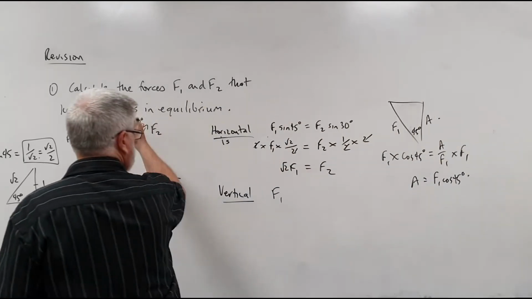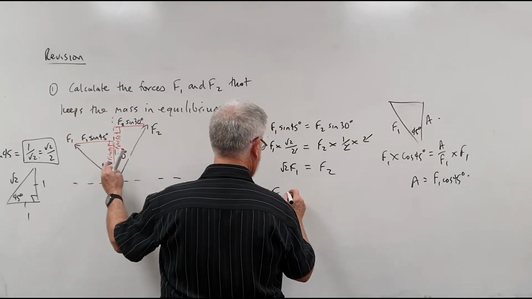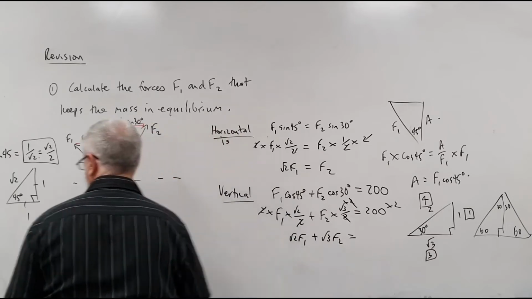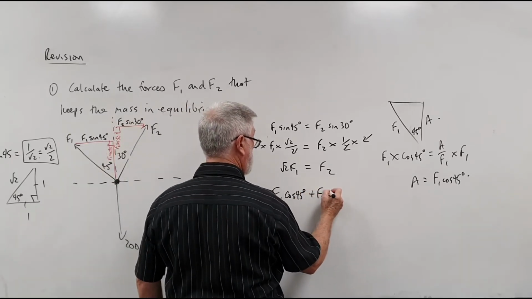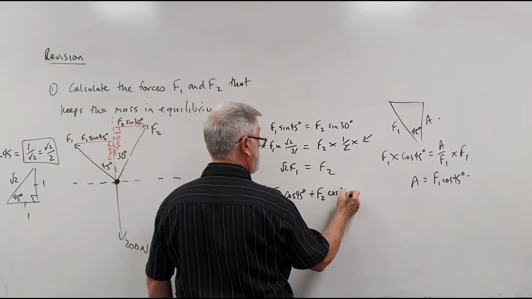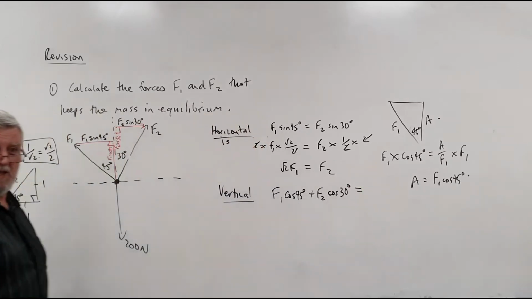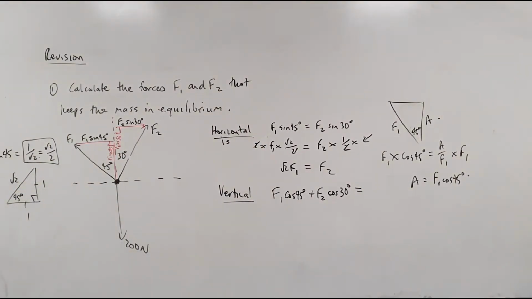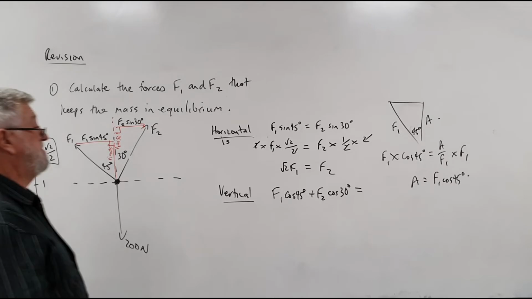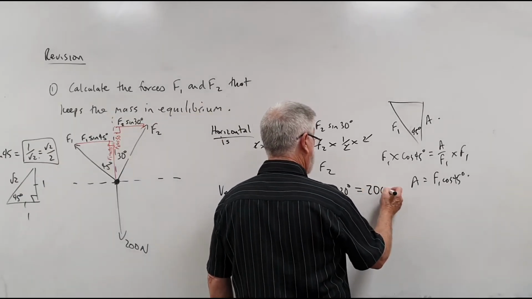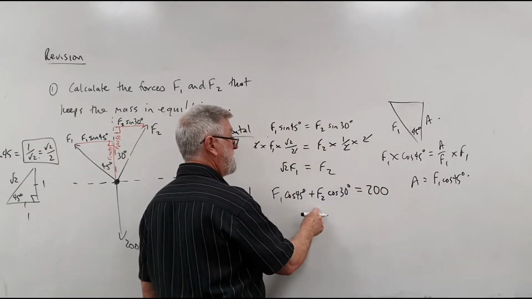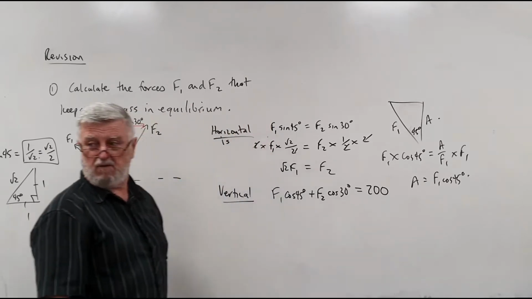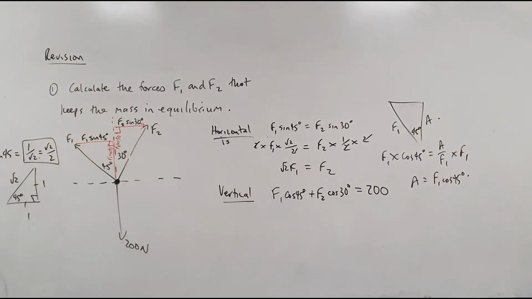So everything going up, F1 cos 45 plus F2 cos 30, has to equal everything going down. How much is going down? 200. Now there'll be people out there who write this as that plus that minus that equals 0, if you prefer to write it that way.